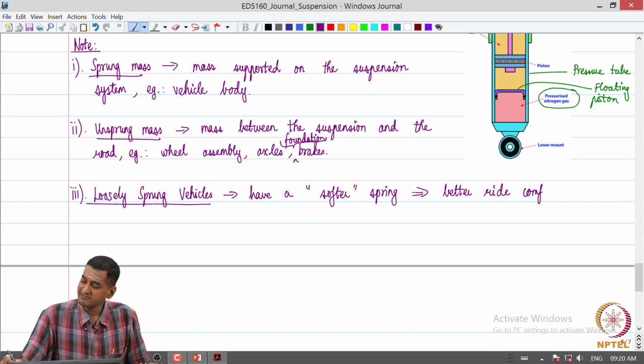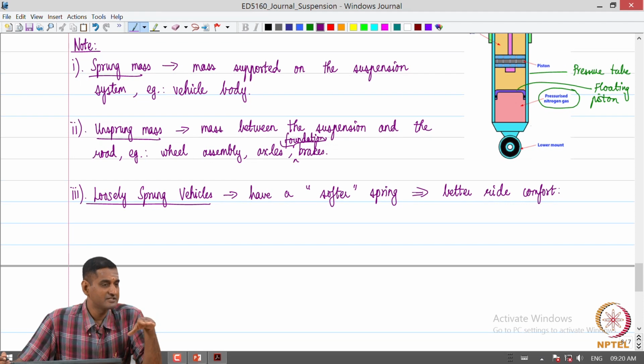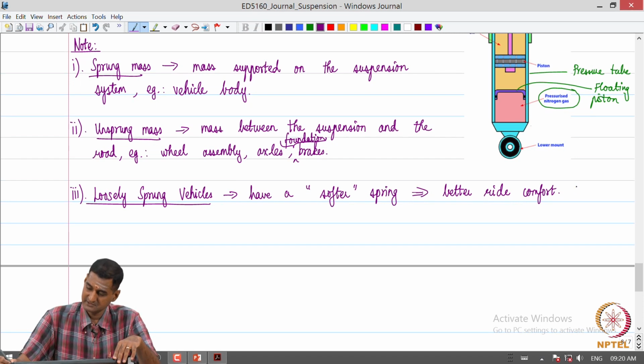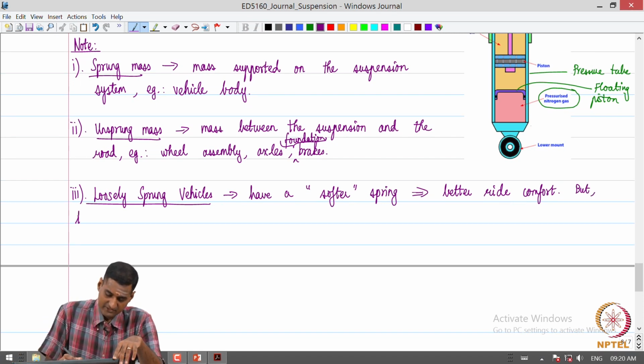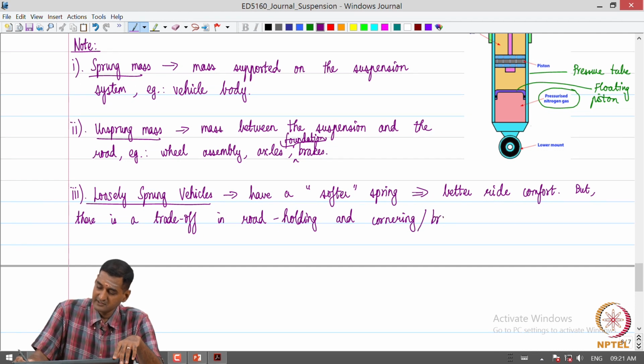If you have a softer spring, that is going to absorb variations or perturbations from the road, but there is a trade off in road holding, and also in other functions or requirements like cornering, braking, and acceleration characteristics of the suspension.